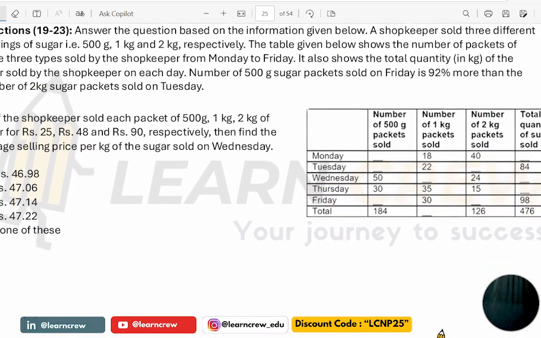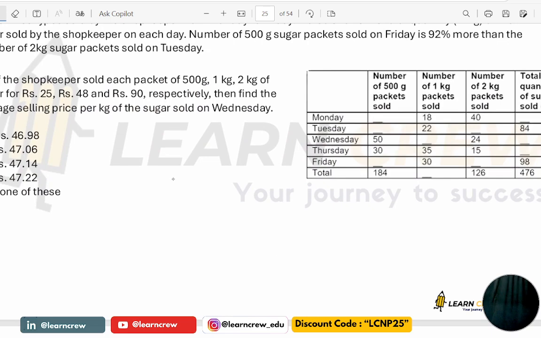Now 22. The shopkeeper sold each packet of 500 grams, 1 kg, 2 kg for 25, 40, 90 rupees. Find the average selling price on Wednesday. So how much will it be? Please see.